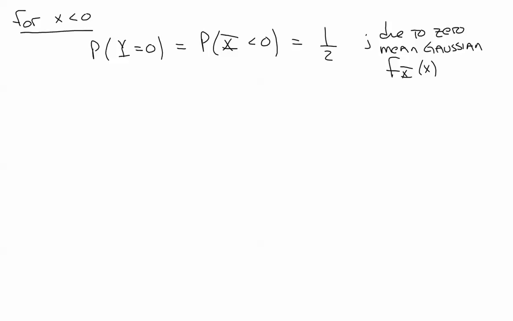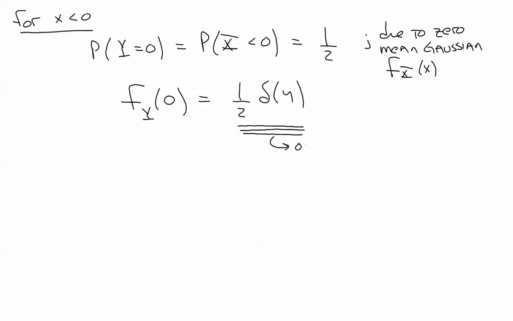So the way we handle this, and this is very important, the probability density function for y at 0 equals 1/2 times delta function. What that means is this only has value at y equals 0.